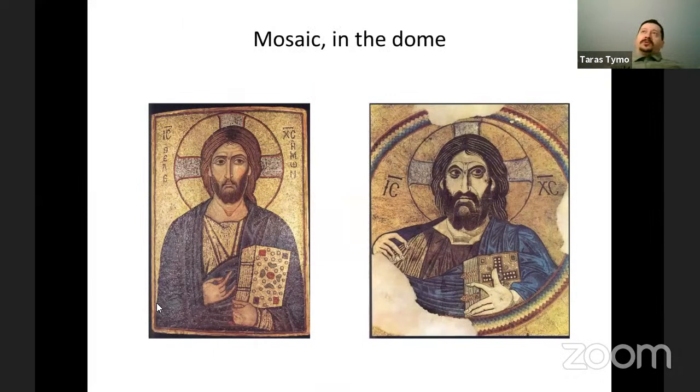Often the Pantocrator icons can be used either in the iconostasis on the right of the royal doors, or in the dome. There are many examples of the Pantocrators placed in the dome of churches, overlooking the nave from above.